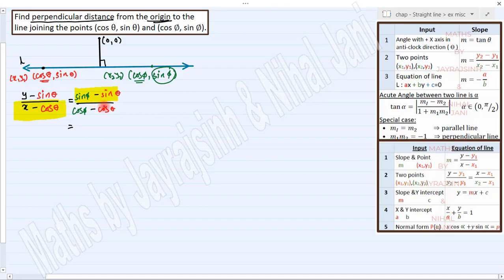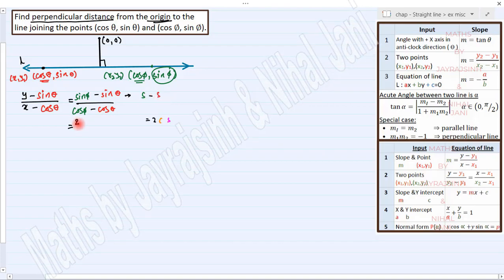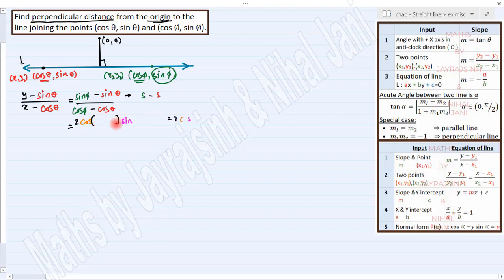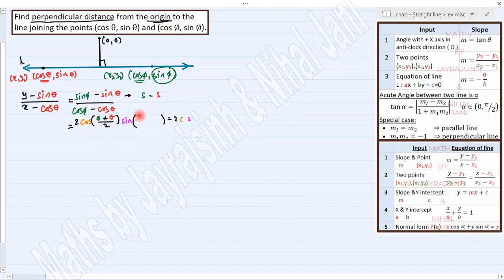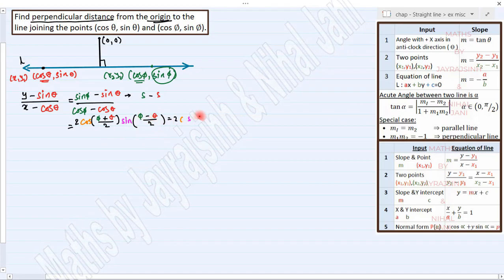Now if we talk about the numerator, we have sin minus sin, which can be simplified as 2 cos sin, where in the first trigonometric term we have to take the sum of the angles by 2, and in the second trigonometric term we have to take the difference of the angles by 2.